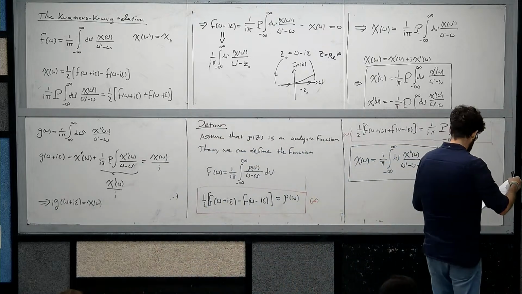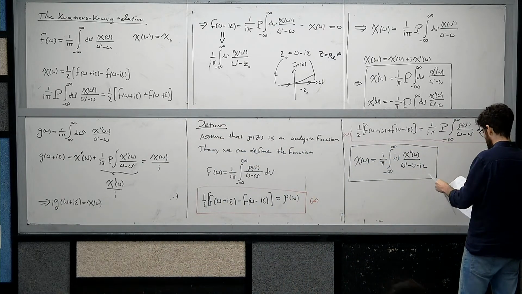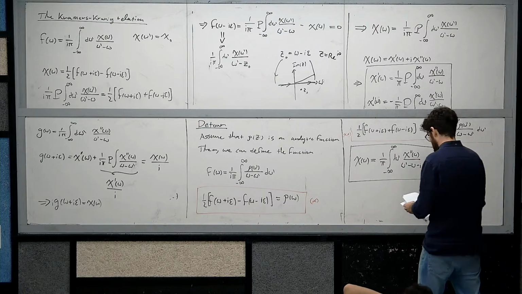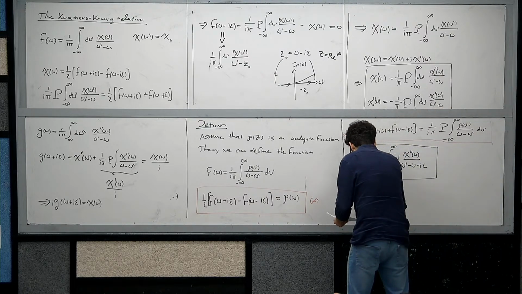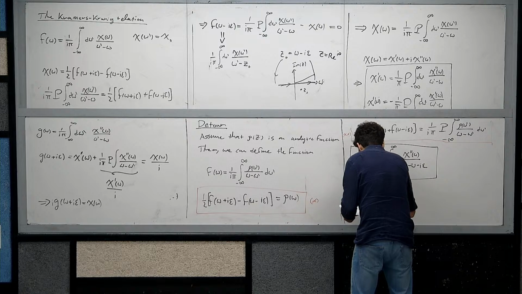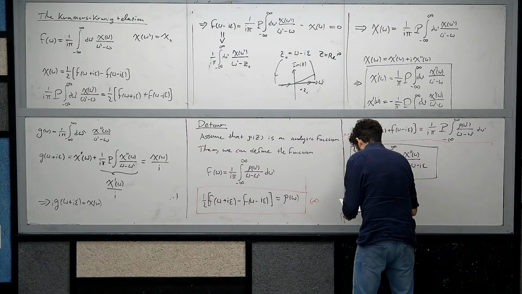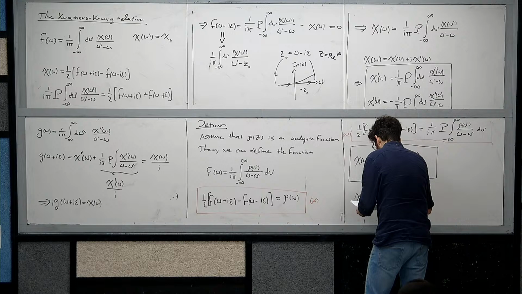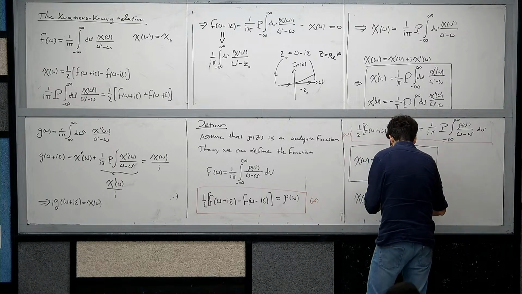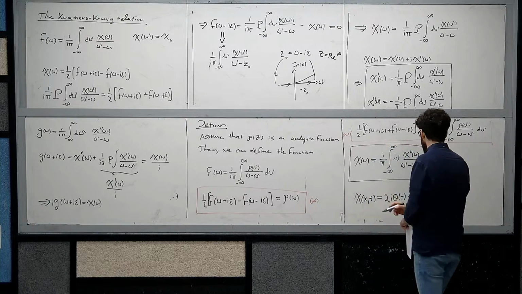With the theta function. Yes, exactly. So we had that chi of x and t is equal to 2i theta of t, right, chi double prime of x and t.